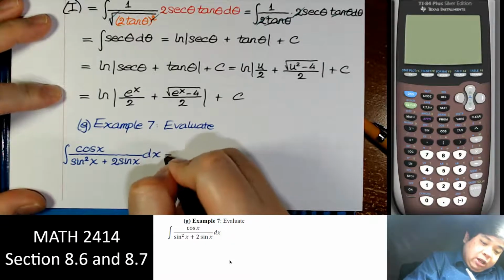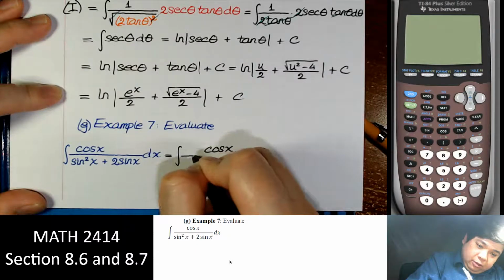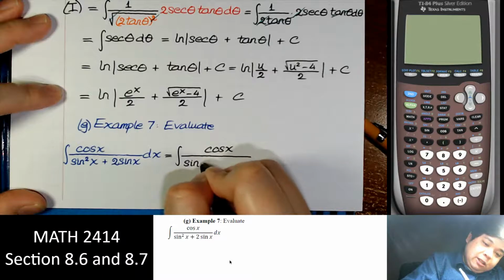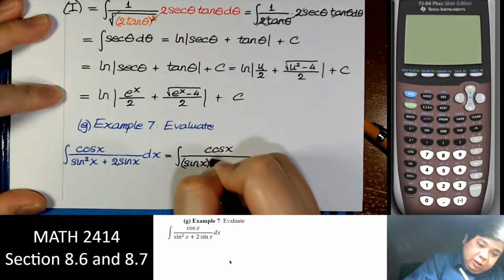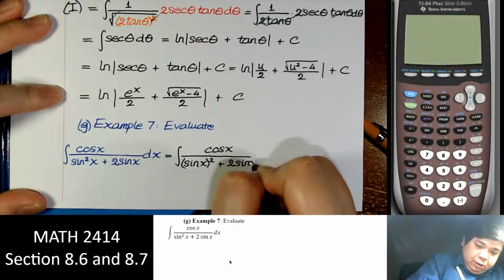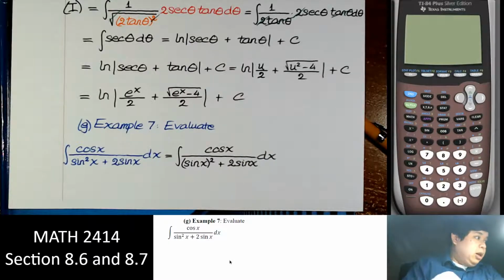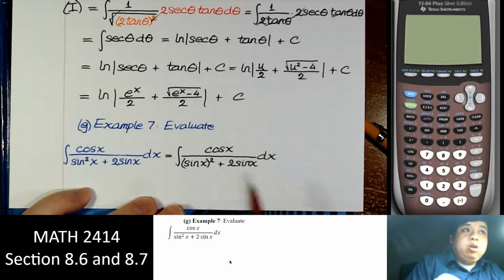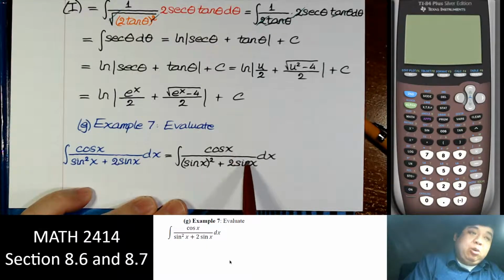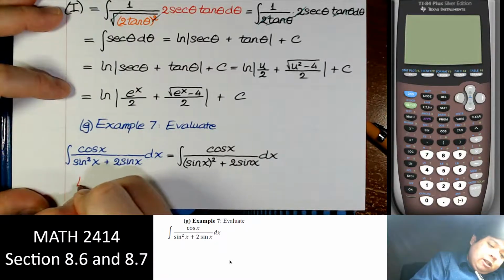Now, if we rewrite it like this, the sine x, what we do here is the regular u substitution, u equal to sine x, because the derivative of sine gives us cosine. That would be easy.